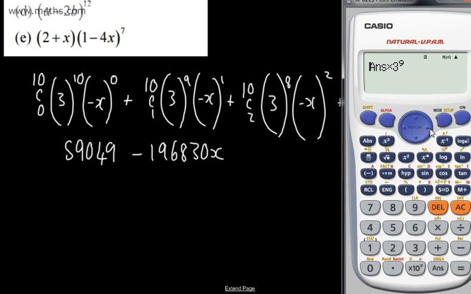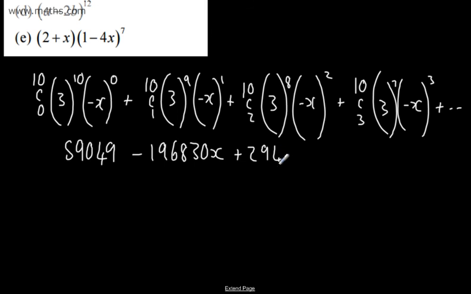Okay, 10C2, if you want to work that out, you can do. It should be 45. Let's just try that. 10C2, 45, and then we're going to times by 3 to the power of 8. What's that going to give? 295,245. So plus 295,245, and that'll be positive.